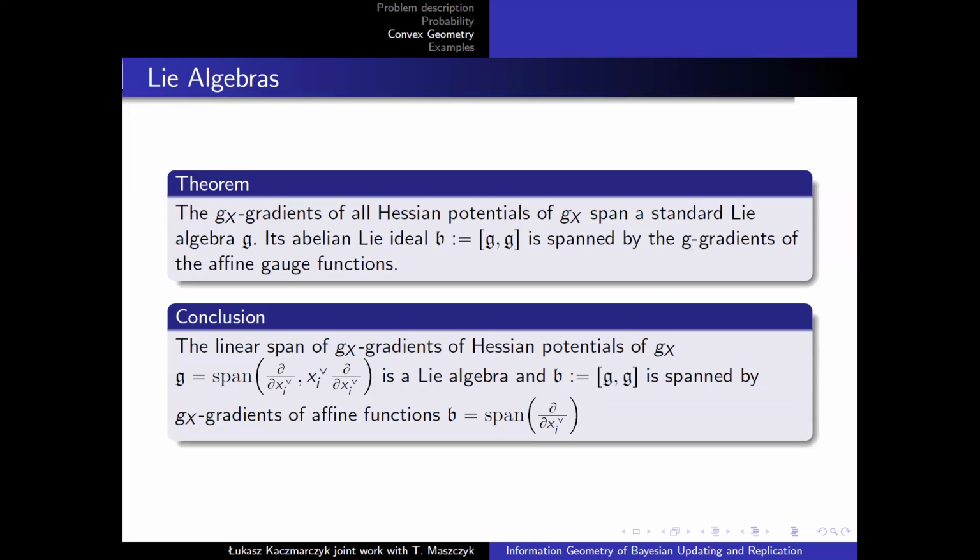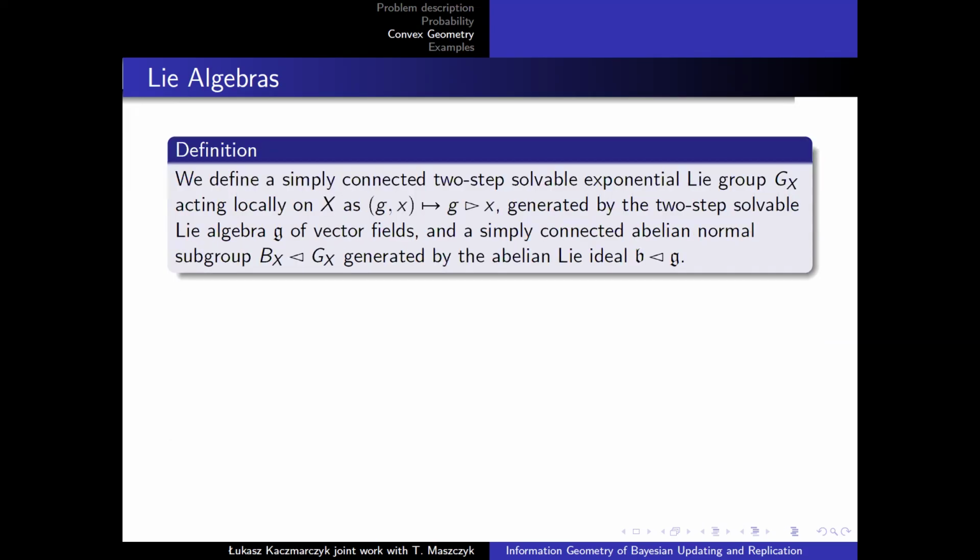Just that, you know, I gave a rather abstract definition. I want to firstly show that, okay, we have two important algebras, and they are really nicely described in terms of Legendre dual coordinates. And as you wish, we can jump from Lie algebra to Lie group, and it will act locally on our space X, and of course will be generated by elements of G as infinitesimal generators as vector fields, and it would produce for us two important groups.